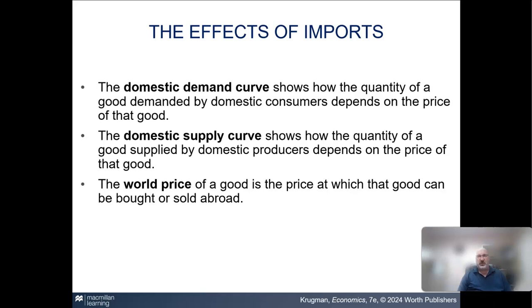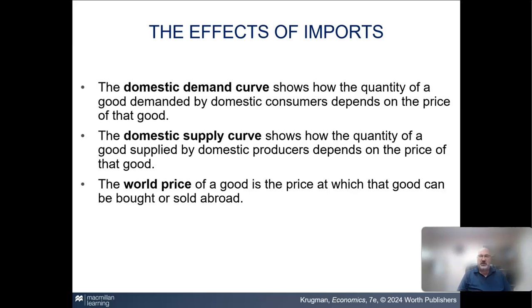That's the world price. Now, what you sell it for in your country may be higher or lower than the world price. If what you sell it for is higher than the world price, then you are going to start bringing stuff in. You're going to import goods at the world price, which is lower, and that will lower your domestic price.